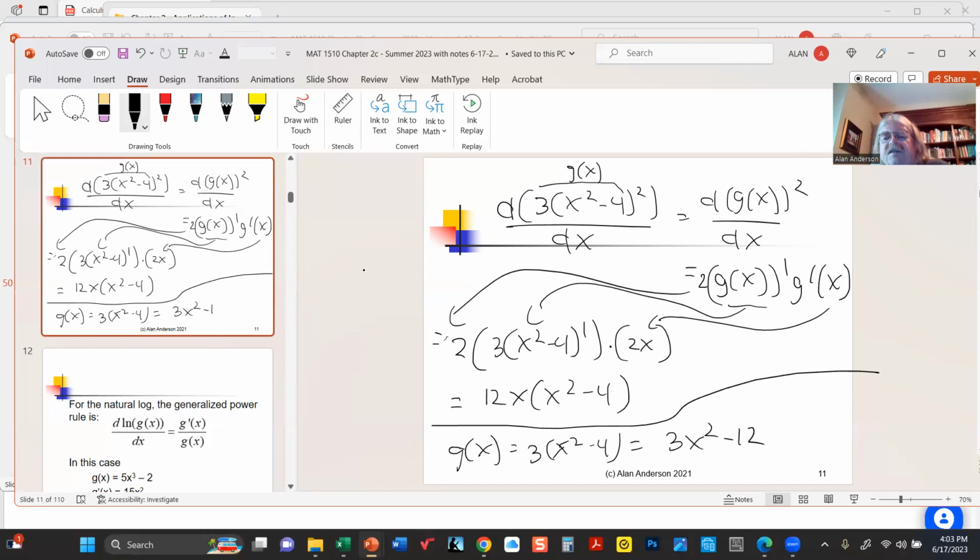Then g prime of x is 6x. Okay, so that means I've done this incorrectly. This should have been 6x. And so I actually ended up with 36 here.